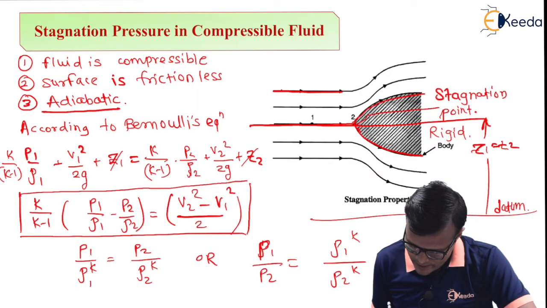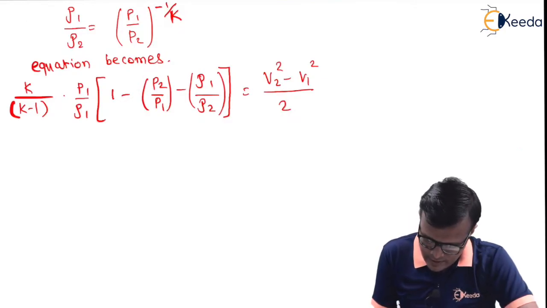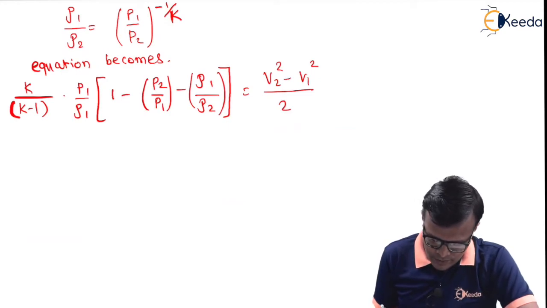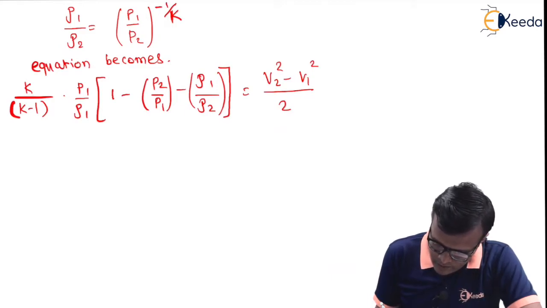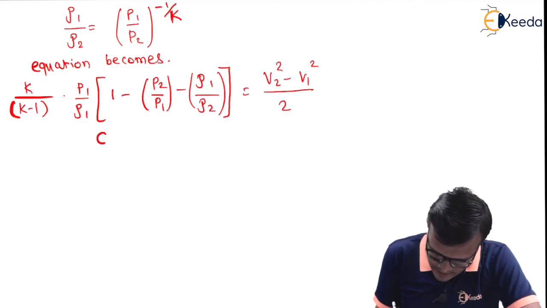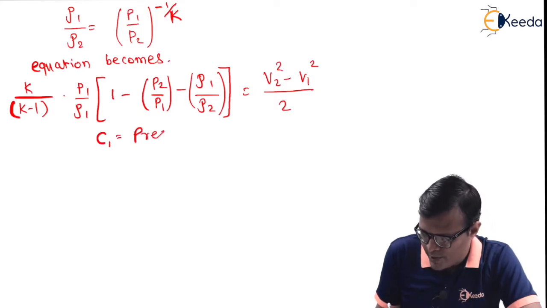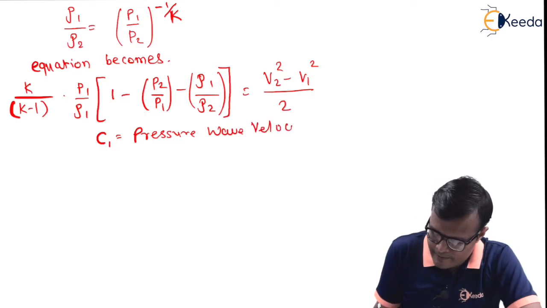We have just replaced these terms by considering the ratio, taking p1 upon rho 1 as a common factor. One of the terms that gets introduced is c, which we will call c1, equal to the pressure wave velocity.